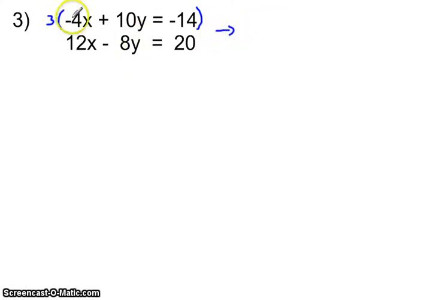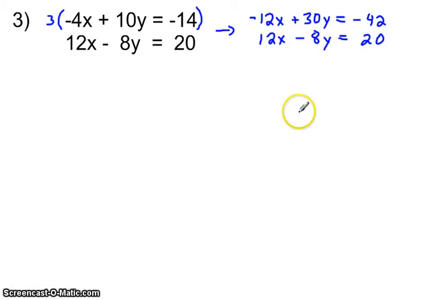When I multiply the 3 times the negative 4, I've got negative 12x. 3 times 10y, that would be plus 30y. And this equals 3 times negative 14 would be negative 42. Now the second one is going to stay exactly the same, so I'm just going to rewrite it. 12x minus 8y is equal to 20.